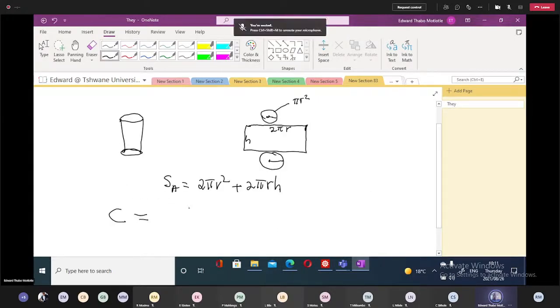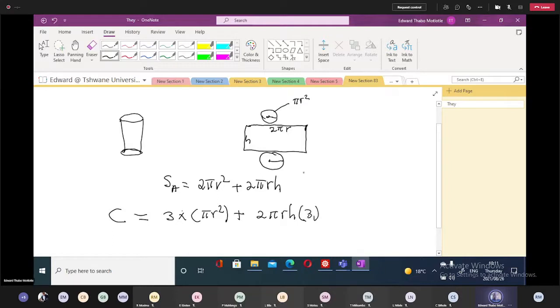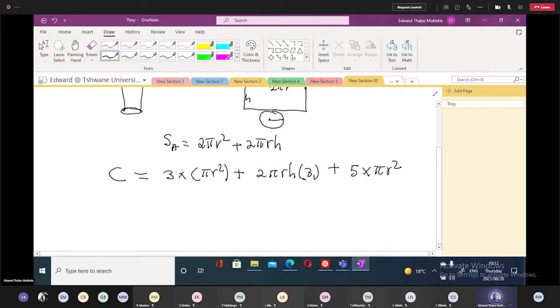Now from here we can make our cost. Our cost will be equal to 3 multiplied by the bottom, which is pi r squared, plus 2 pi r h multiplied by 3 for our sides, plus 5 multiplied by pi r squared for the top. So now we have the formula, which simplifies to 8 pi r squared plus 6 pi r h.